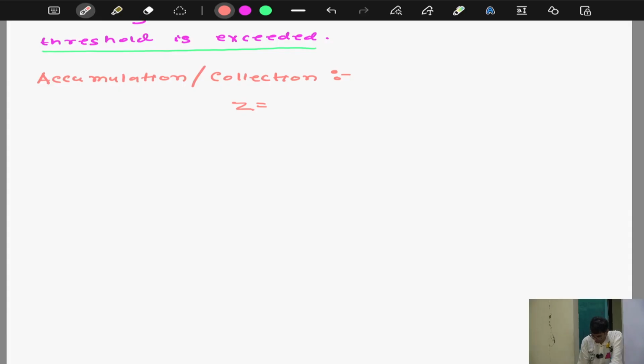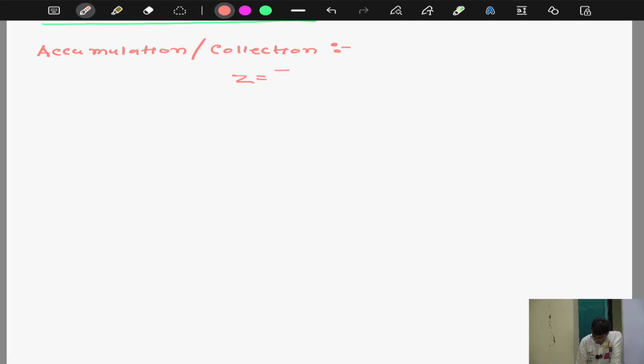Then this becomes summation i equal to 1 to k of wi xi. Looks like linear regression, right? It is linear regression.